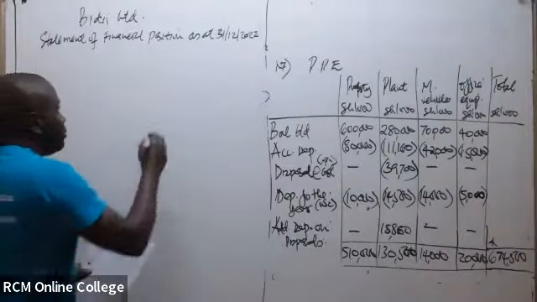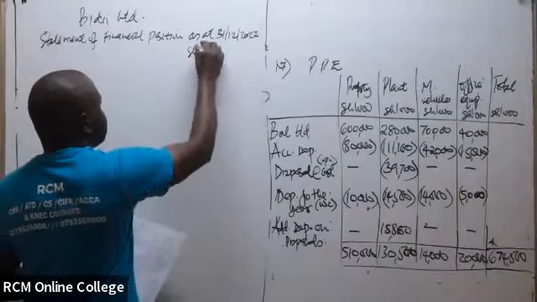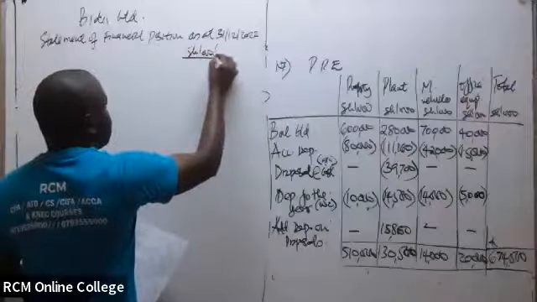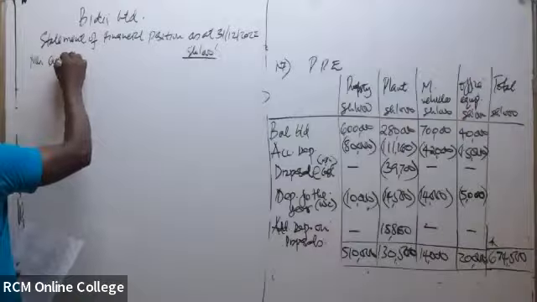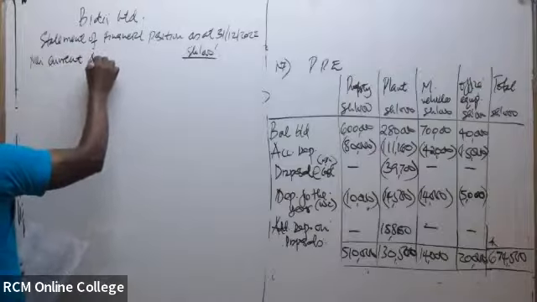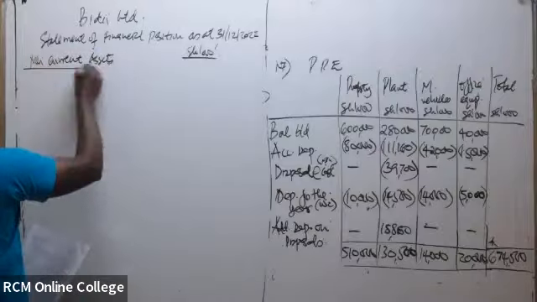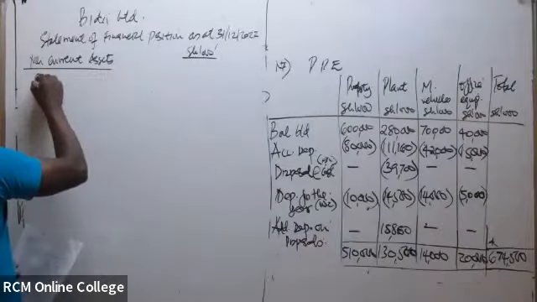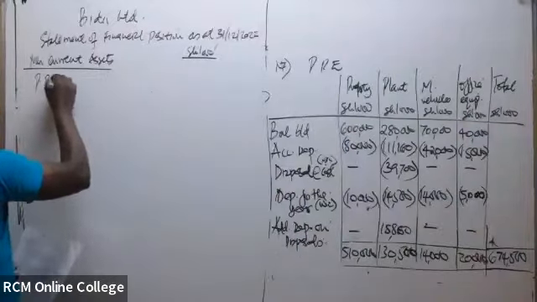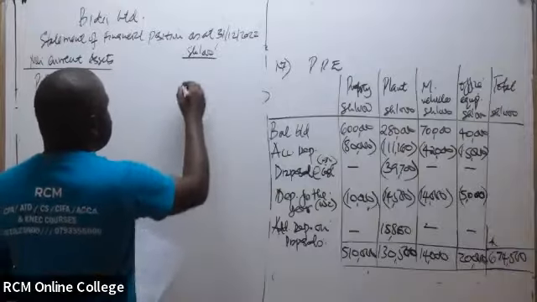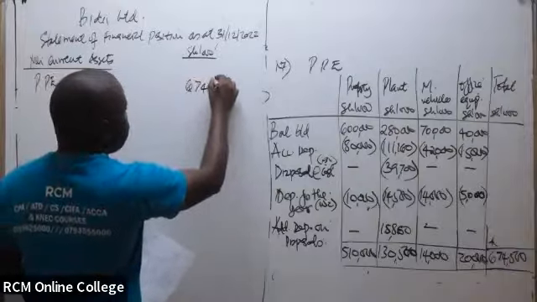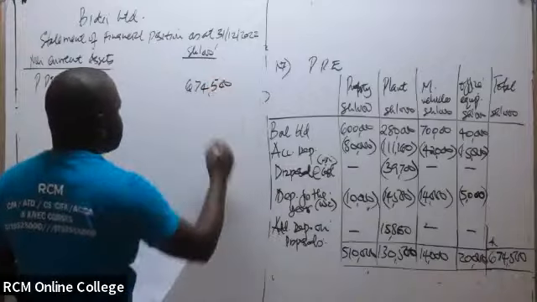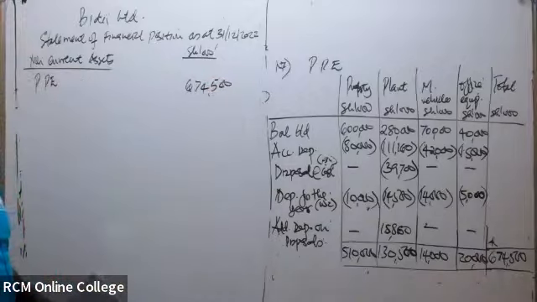So in this case, we have our shillings in thousands. So we can, of course, automatically start with the non-current assets. In this case, we have property, plant, and equipment, which we've gotten as 674,500.